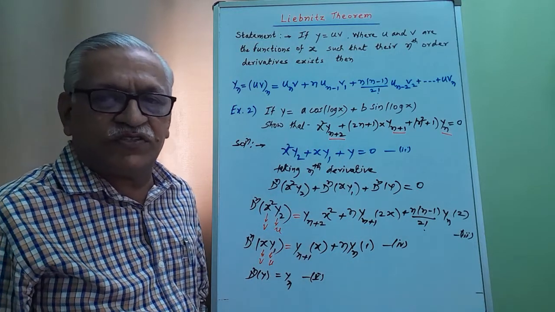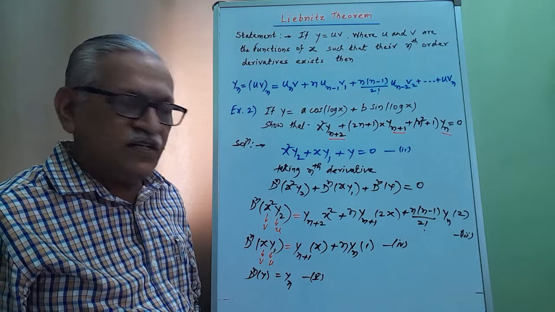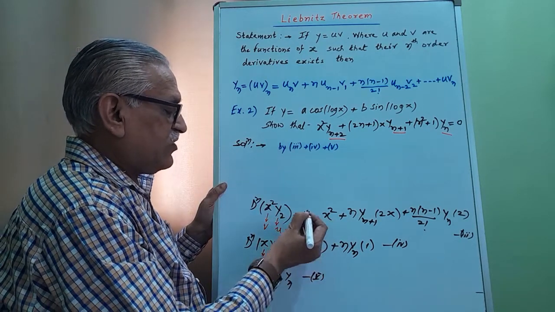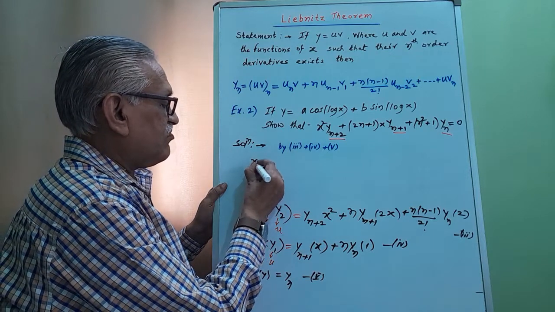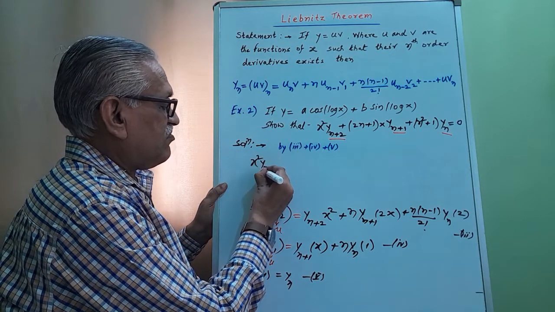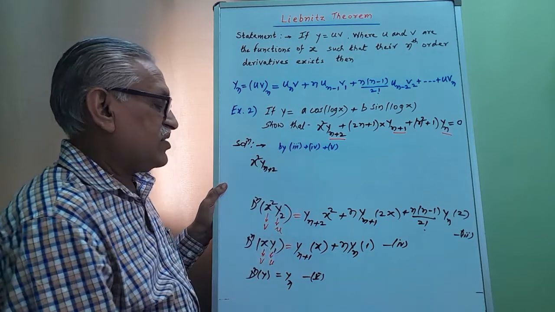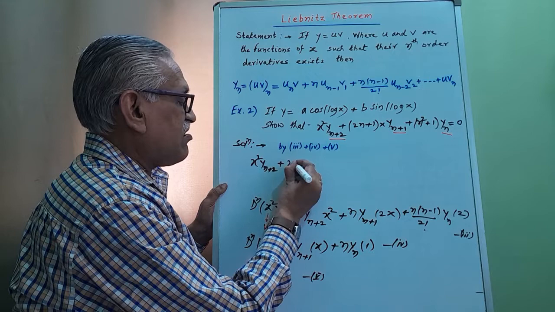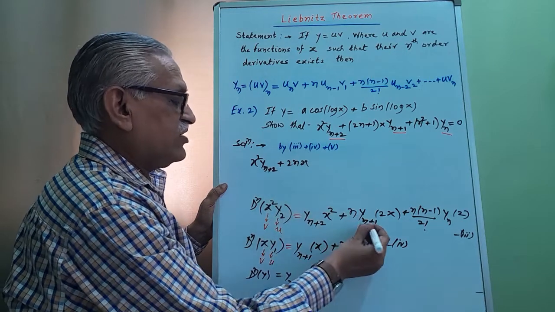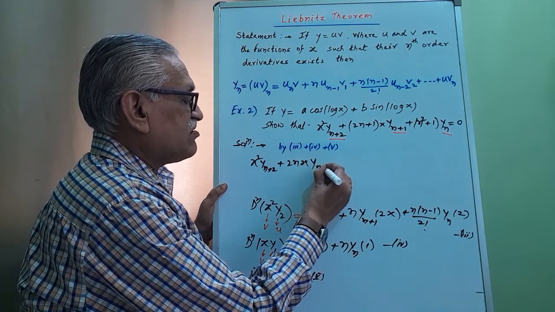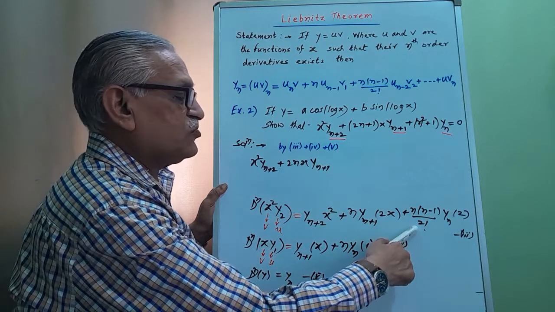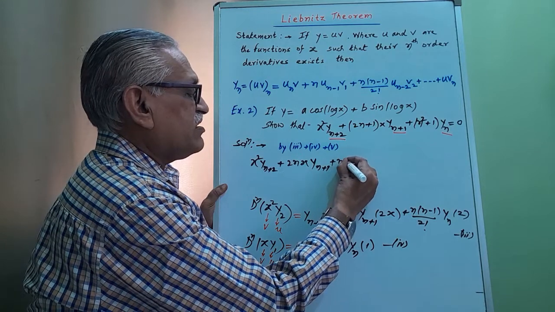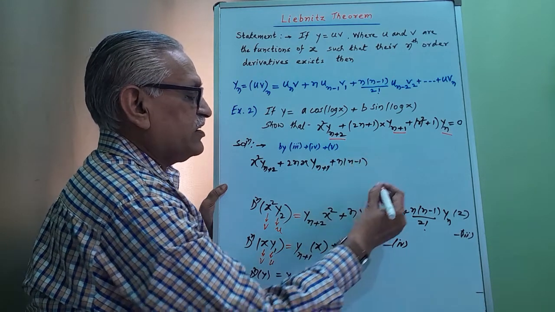Therefore, adding equations 3, 4 and 5, we get x square into yn plus 2, plus 2nx into yn plus 1. This 2 factor cancels with this 2. We get plus n into n minus 1 into yn.